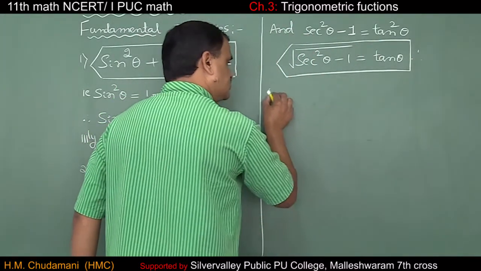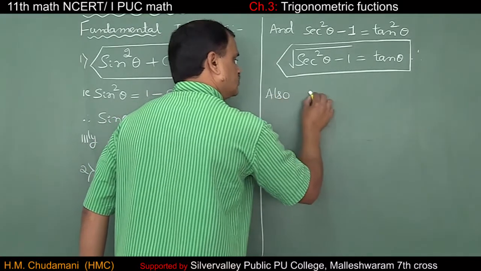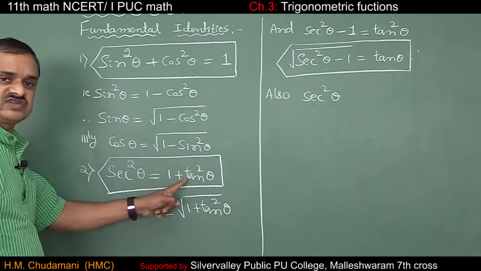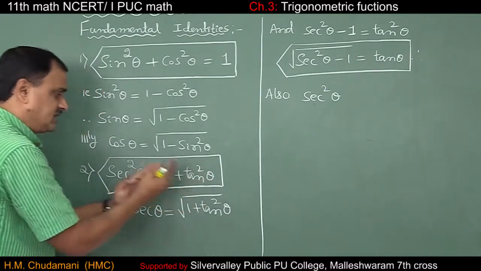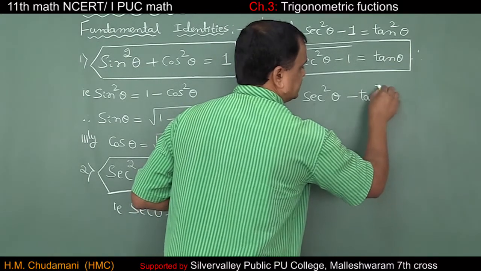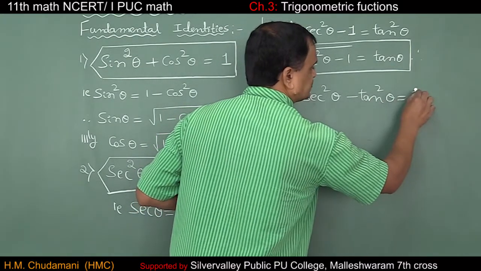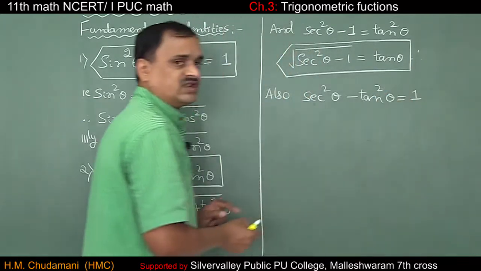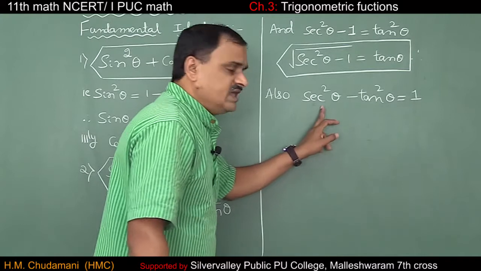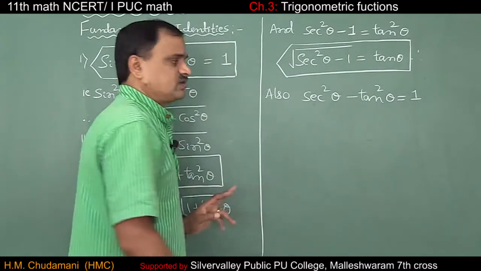Also, secant square theta is equal to 1 plus tan square theta. Shift tan square to the left side. That is secant square theta minus tan square theta is equal to 1. This is of the form a square minus b square.